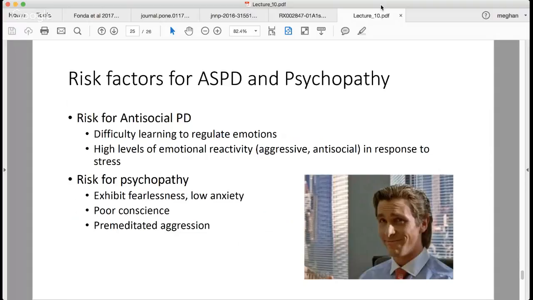Aggressive behaviors are more instrumental and premeditated rather than reactive, as seen with those children who have emotional regulation difficulties. They're more likely to develop high scores on the interpersonal affective core of psychopathy, so that fearless dominant type of traits. And this leads to cold, remorseless psychopaths who show low fear and a lack of empathy.